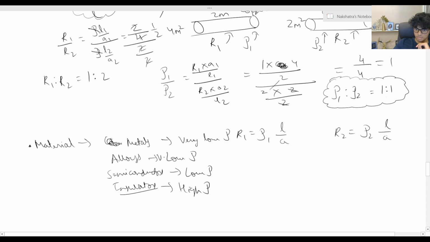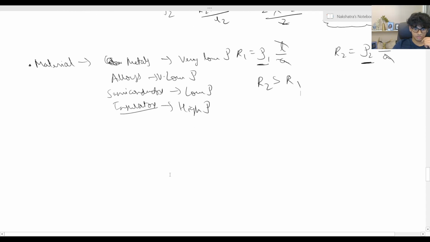Now L upon A, if we take these to be the same length and same area, but we know that rho2, which is the specific resistance of the insulator, is greater than rho1, then obviously the resistance of the insulator will be greater than the resistance of the metal.